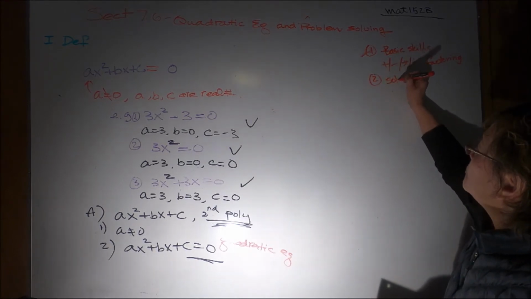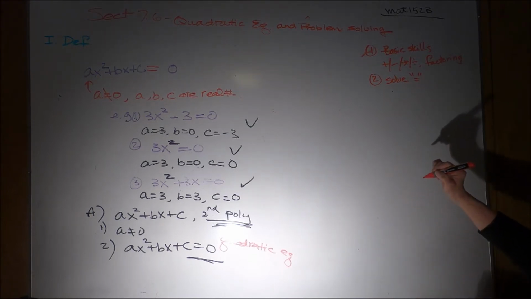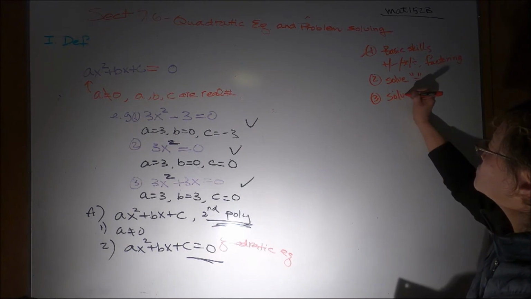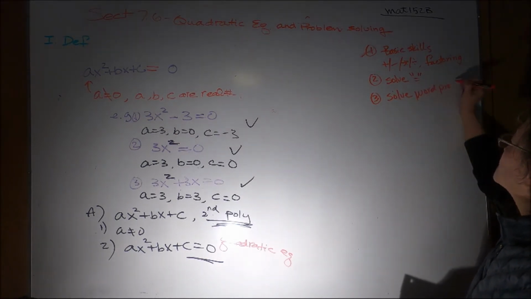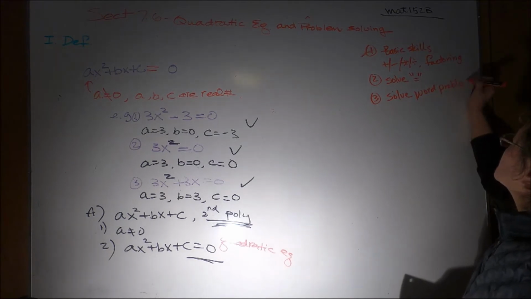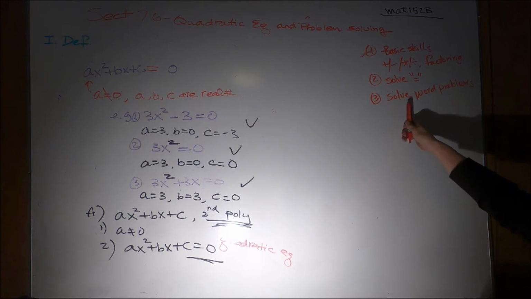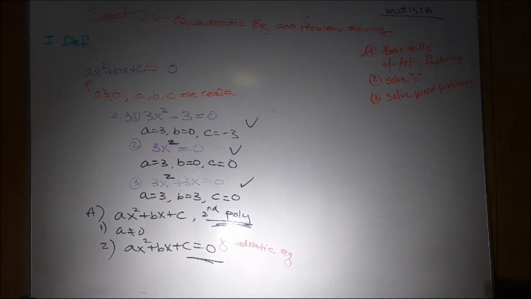Then, second step, we will do what? Solve equations. We learn the skills. Then, we will learn how to solve problems. That will be your what? Word problems. You will translate the English words to an equation, then you solve it with your basic skills.